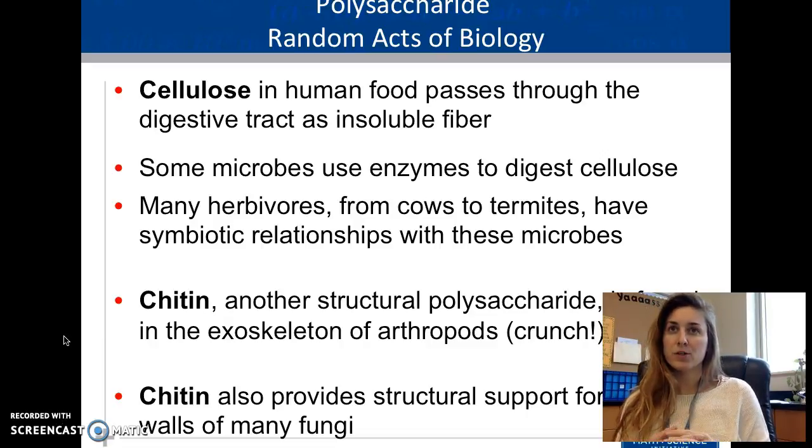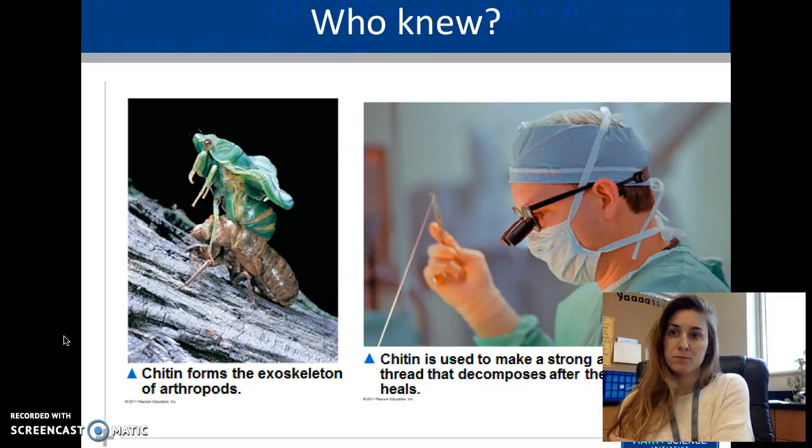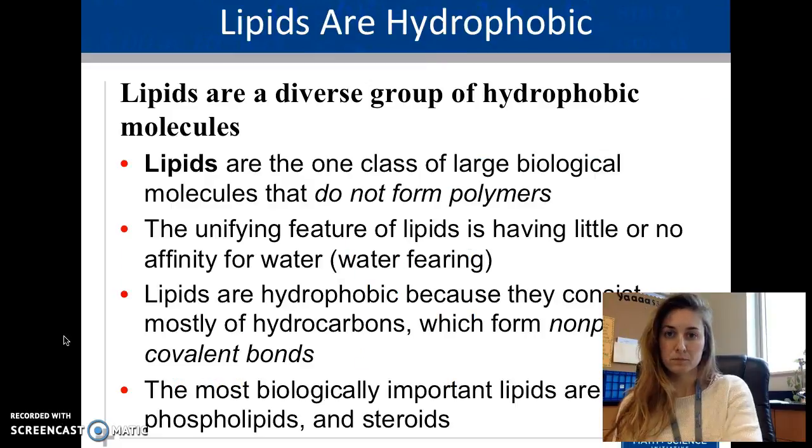But carbohydrates, a lot of the time we think about as food sources, but when they are structural, they create this hard surface. And so chitin forms these skeletons. It is also used by surgeons to create thread that they would sew up a wound, and it decomposes after the incision heals. So we've talked about carbohydrates.